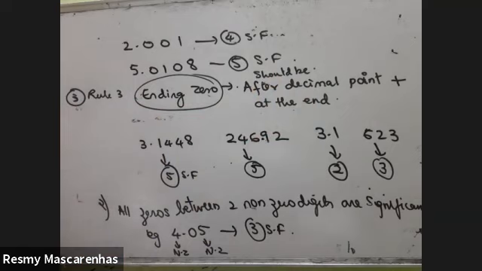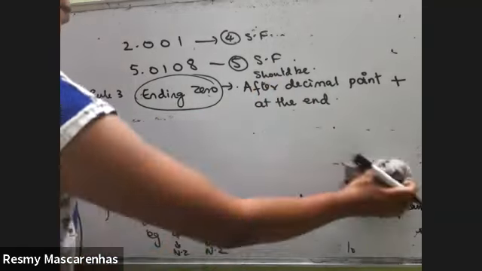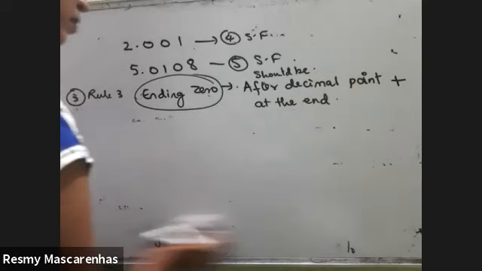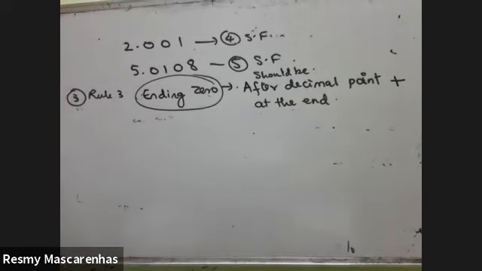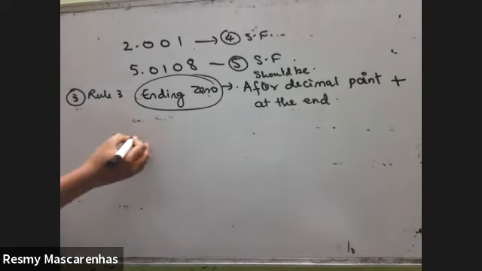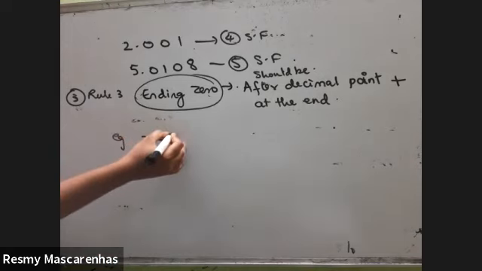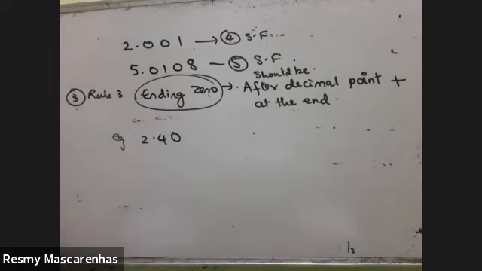I'll give you examples. Here you can consider that 0 as significant because both the conditions have been satisfied.